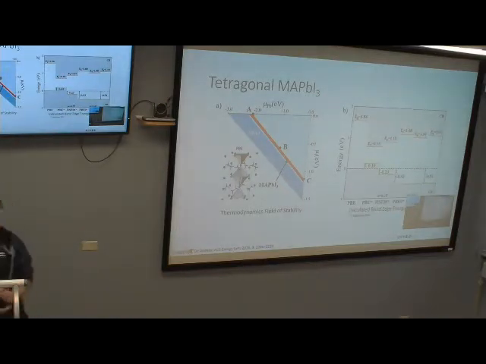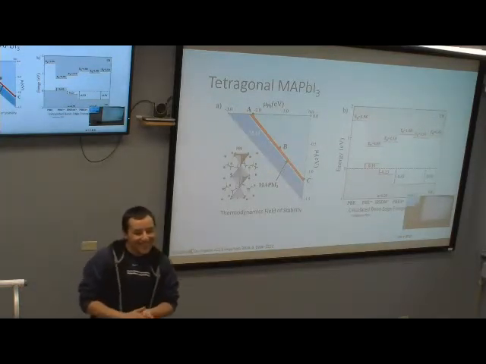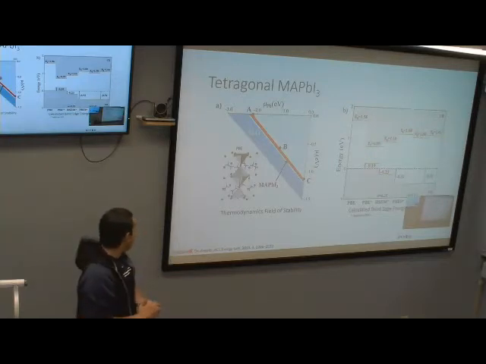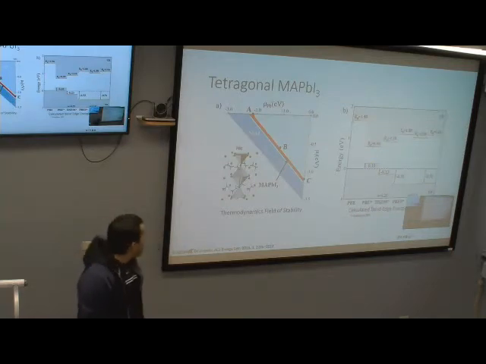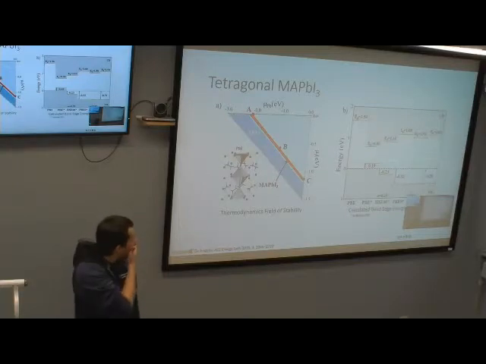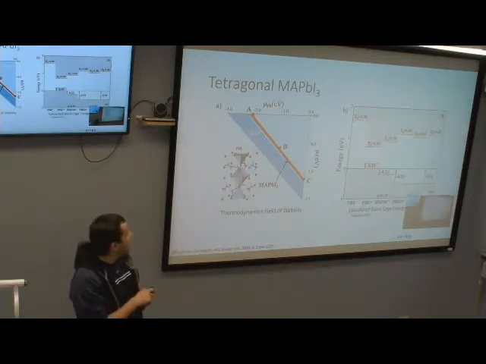Other questions? Oh yeah, go ahead. I encourage all questions. Well, I'm just sort of confused on the panel A. I don't really understand what's happening. As I go from the top right corner, if I make a line strictly 45 degrees to the bottom left, what's happening? Is just the proportion of methylammonium and lead changing? Well, that's just the chemical potential of lead. That's the horizontal axis, and then the vertical axis is the chemical potential of iodide.